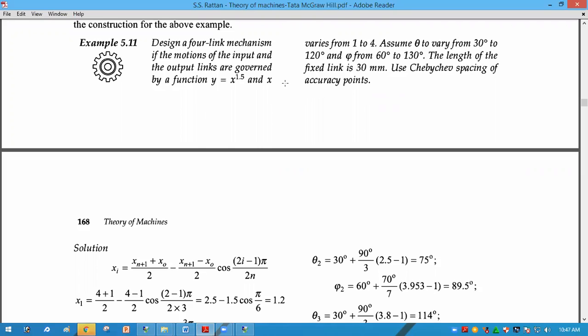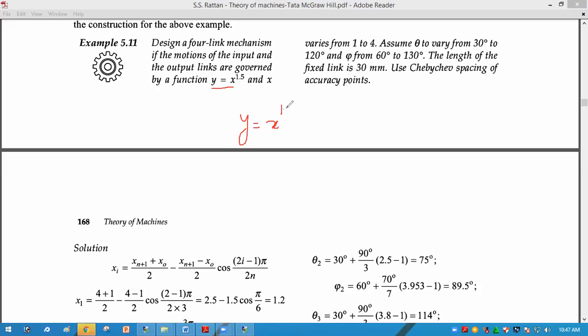The motions of the input and the output links are governed by a function y equal to x power 1.5. So here x varies from 1 to 4, which means 1 less than or equal to x less than or equal to 4.